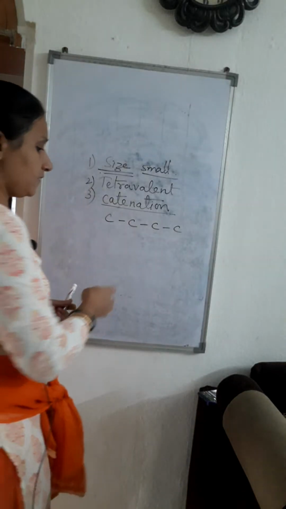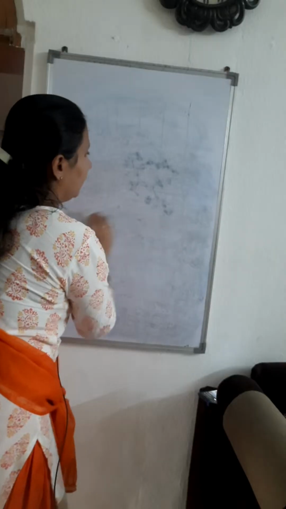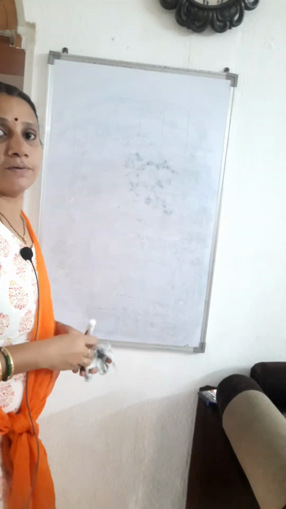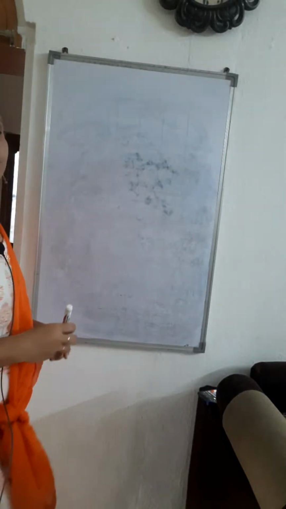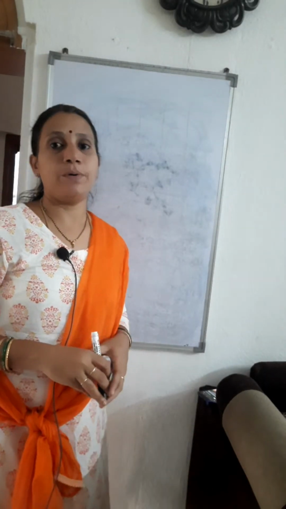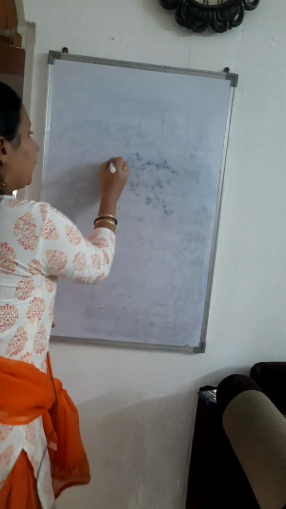Now the next point is, what is the general formula related to carbon? Here carbon combines with hydrogen, and the compounds which are made up of carbon and hydrogen are called hydrocarbons.